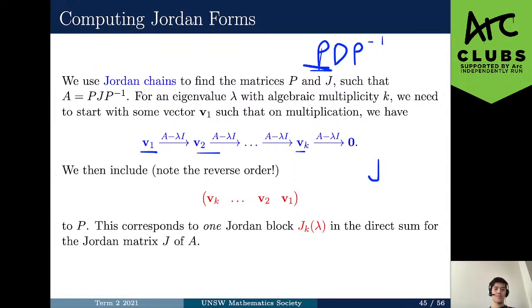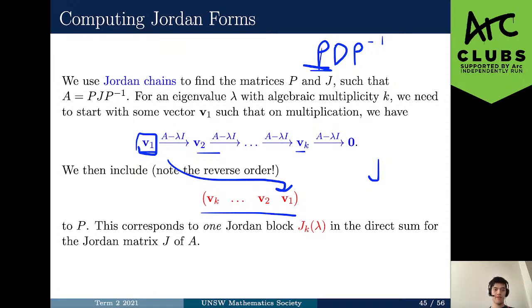But the order that we need to put them in, when we put them inside the matrix, is in the reverse order. So it's always the eigenvector comes first, and then comes a vector that is in the kernel of A minus lambda I squared, and so on. And so this v1, which lives in the kernel of A minus lambda I to the k, is actually in the last position. So it's actually over here. This will become more clear in the next few slides.